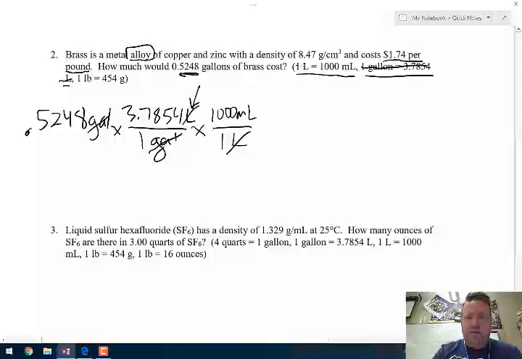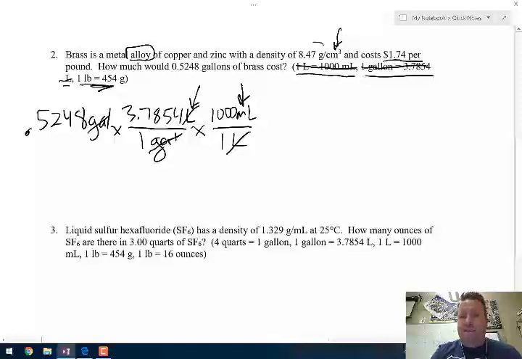Now I've used that conversion. The only other conversion that they give us is that 1 pound equals 454 grams. So now's the point where we go, oh, wait a minute. Now I have to go back up to the original problem and find hopefully a conversion that has milliliters in it, remember that a cubic centimeter is a milliliter.